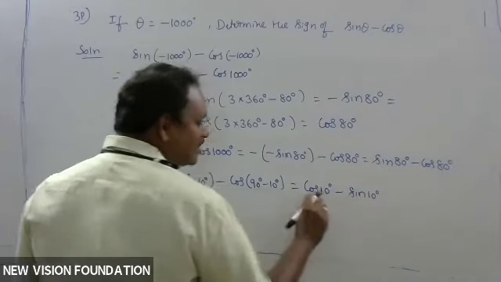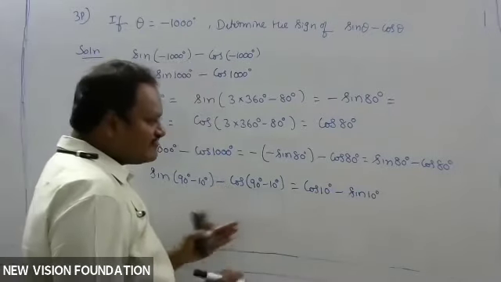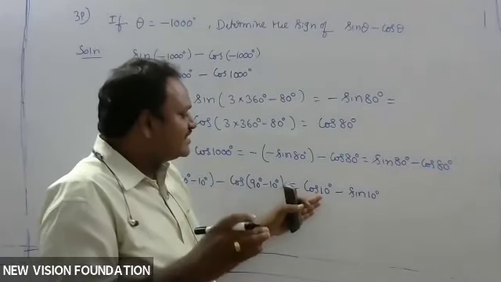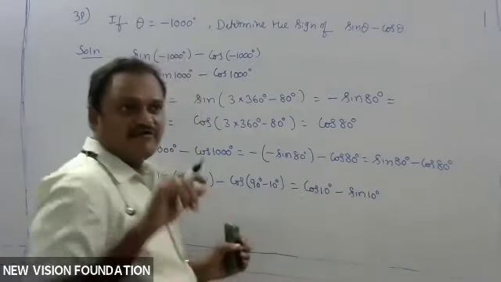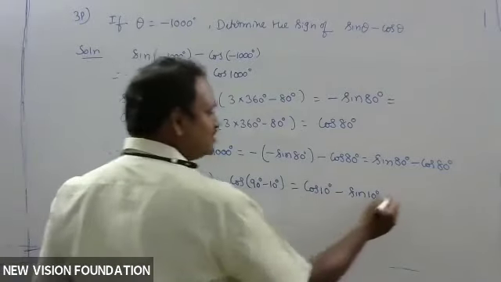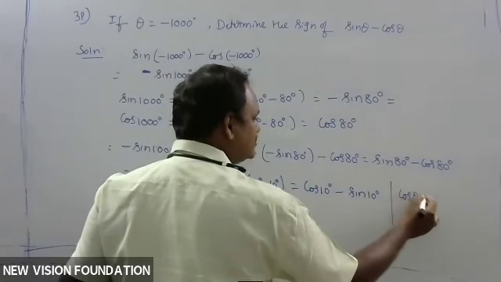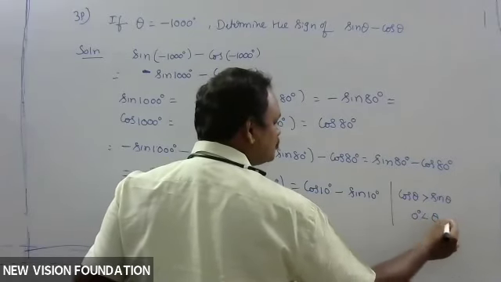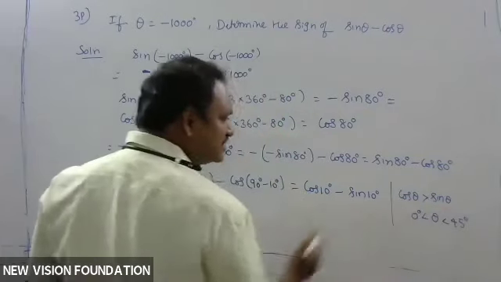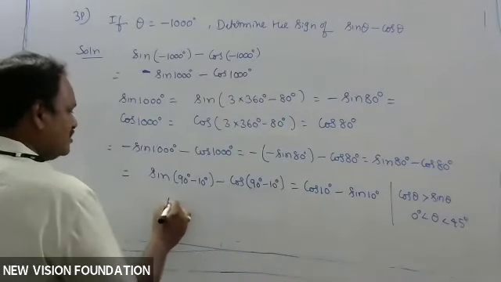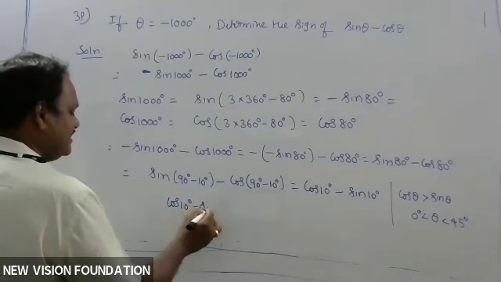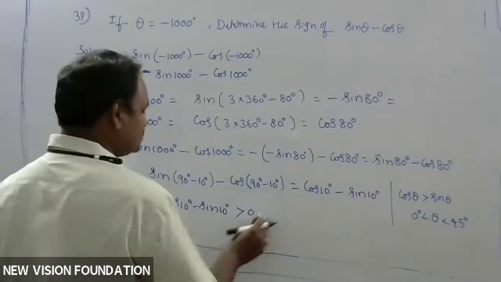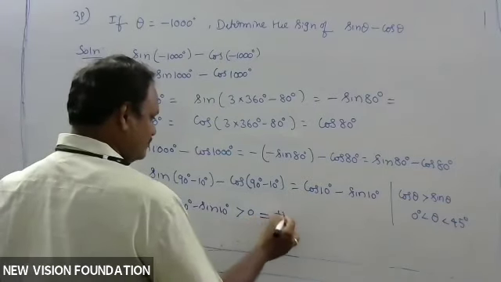You know that cos theta is greater than sine theta when theta is from 0 degrees to 45 degrees. Therefore, using this concept, cos 10 degrees minus sin 10 degrees is positive.